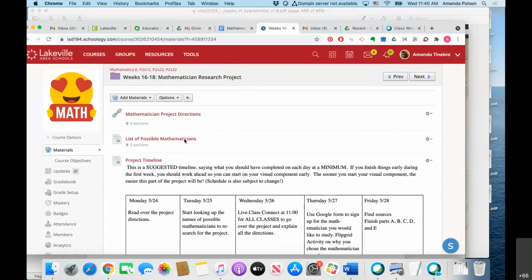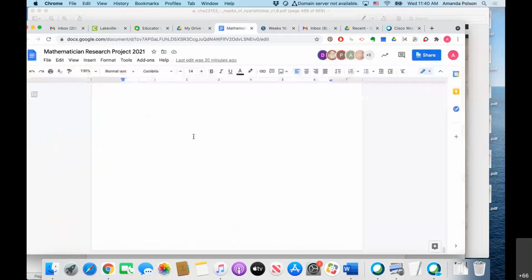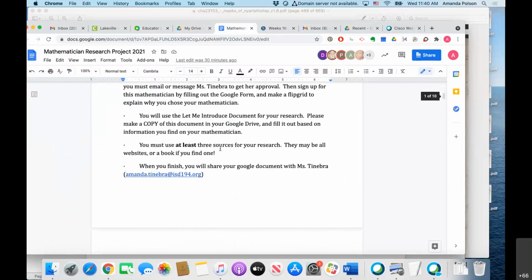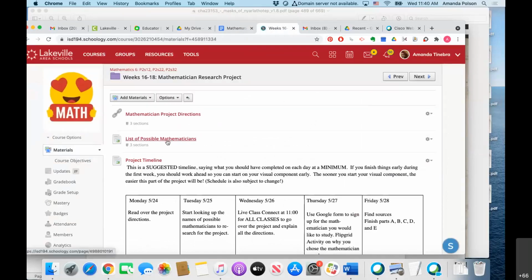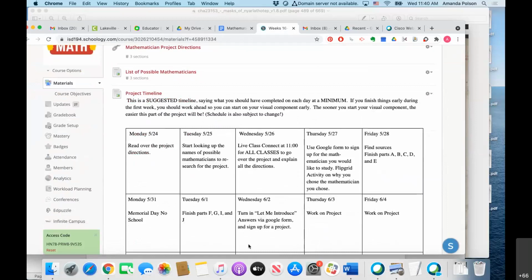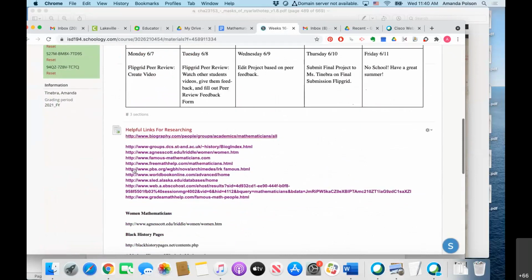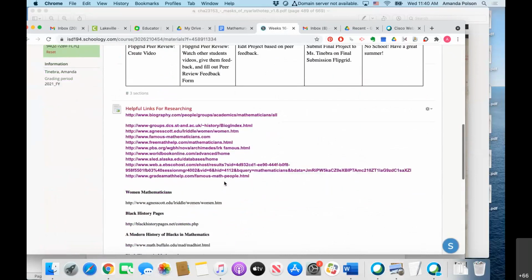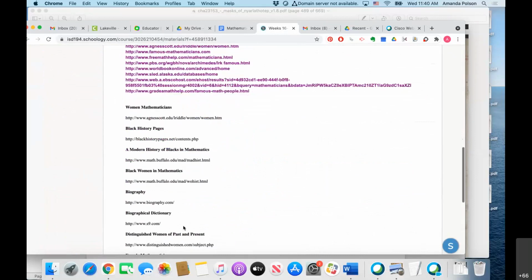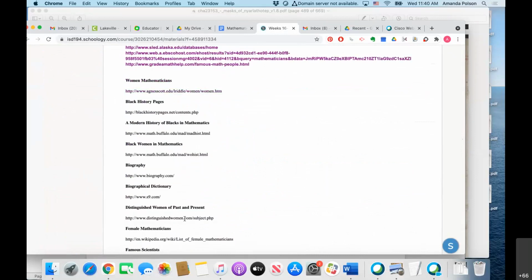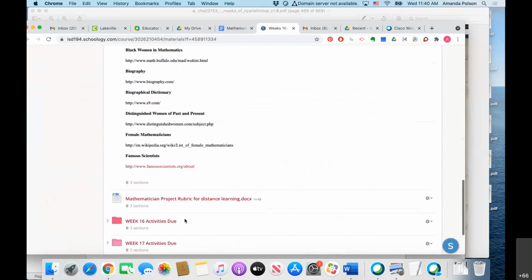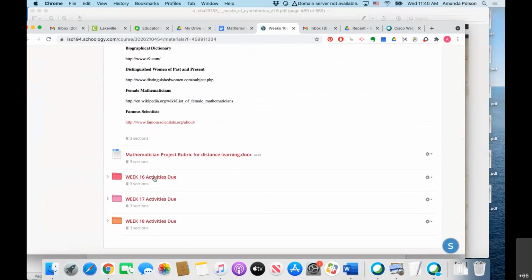You want to make sure you get your project filled out this week and next week. You want to keep an eye on this timeline and make sure that you're following it. I have some links on this page that could help you with finding websites to look up some of these people. And then these 3 folders are the things you have to actually turn in to get credit.